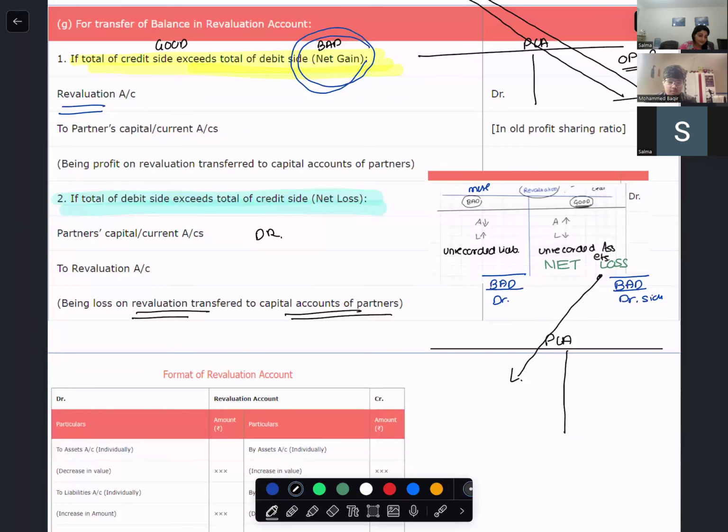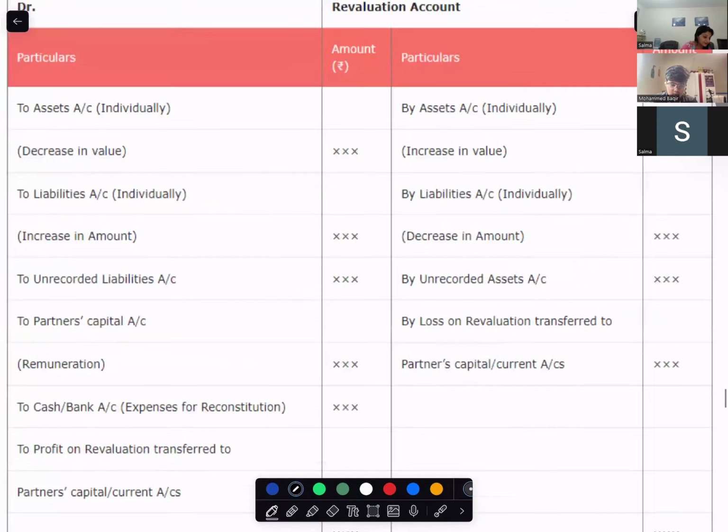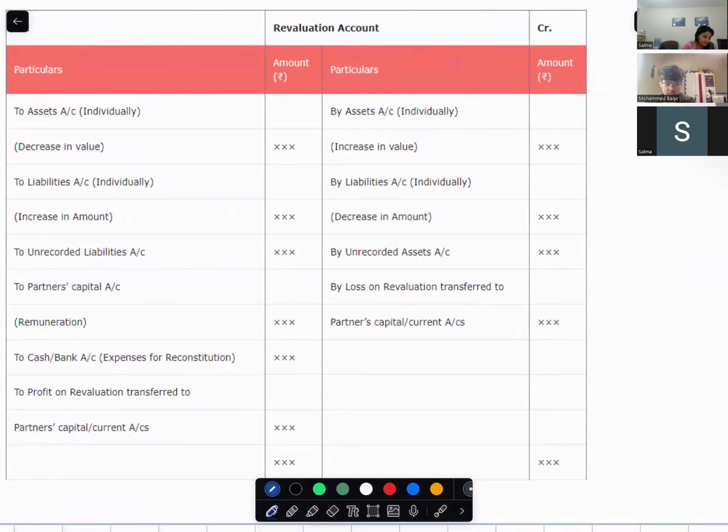Now what is the format of your revaluation account? All the good things happen on the credit side. All the bad things happen on the debit side. Asset increasing is a good thing. Asset decreasing is a bad thing.